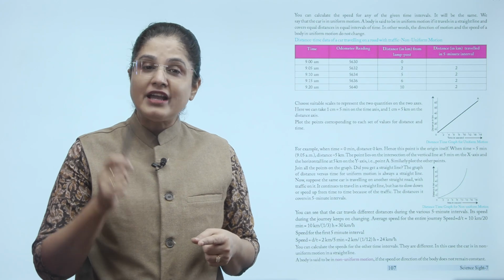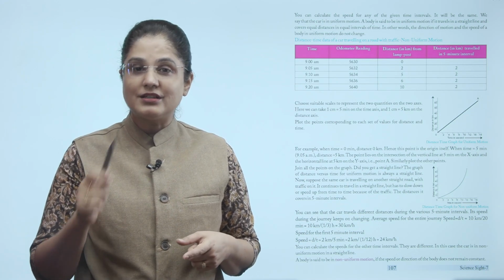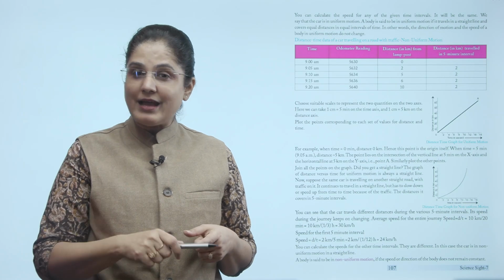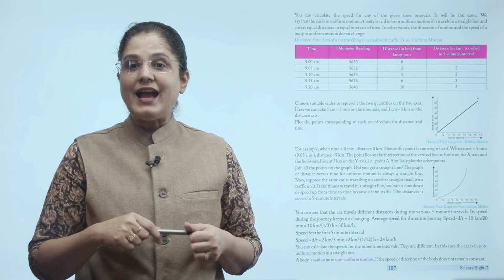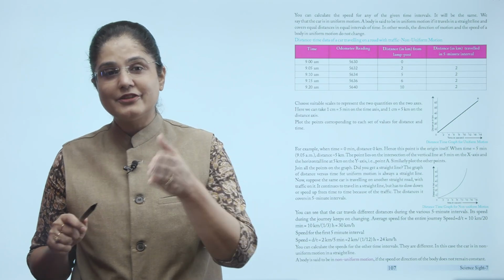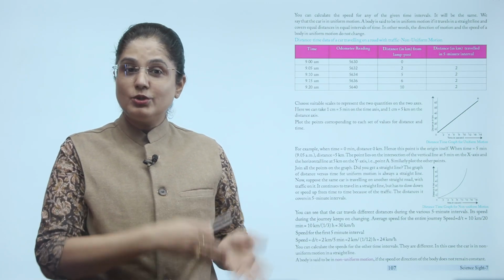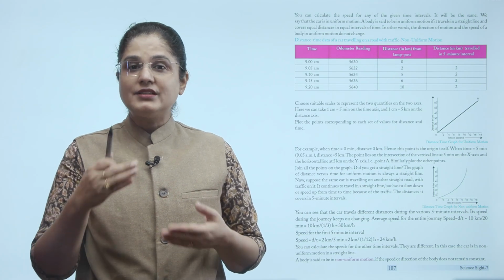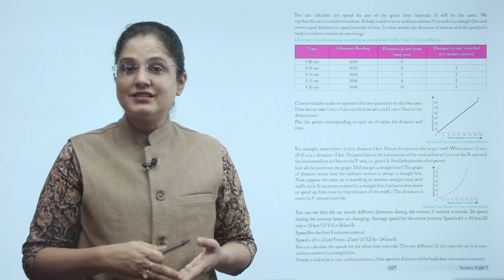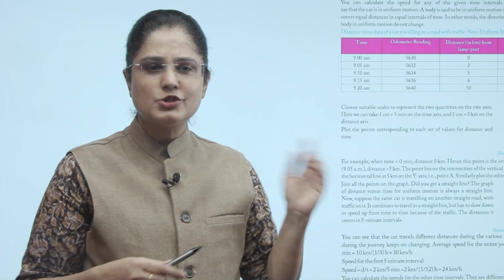At 9:05 a.m. the odometer reading is 5632. Distance from the lamp post is 2 and distance in kilometers traveled in 5-minute interval is 2. At 9:10 a.m., if you look at the odometer reading, the distance from lamp post is 5, but the distance traveled in 5-minute interval remains 2, and so on and so forth.